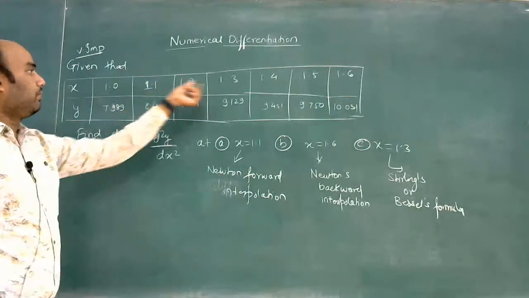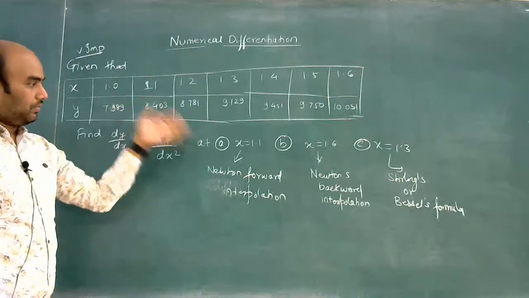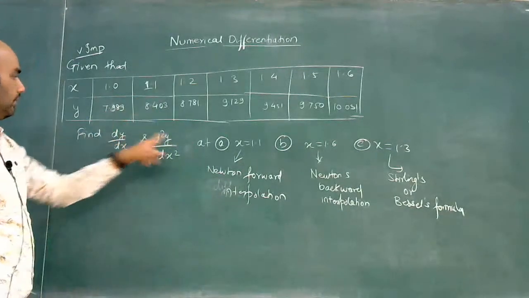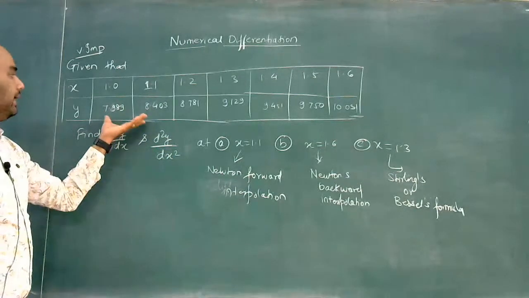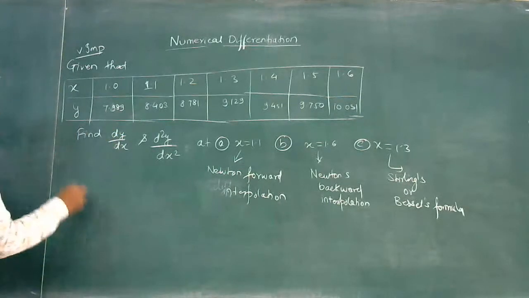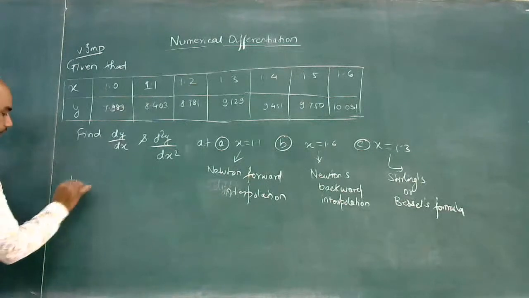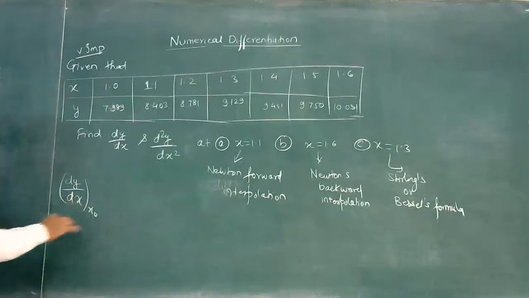It is 0.1. So whenever you have to find the value of differentiation dy by dx and higher order at the beginning of the table, we use dy by dx at point x naught, at any value.